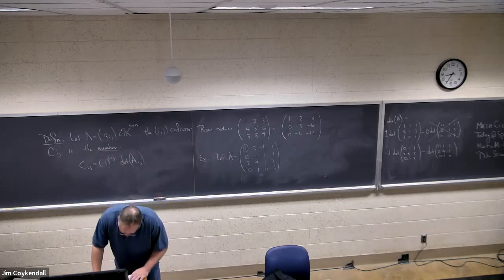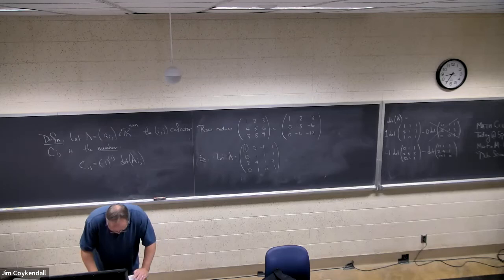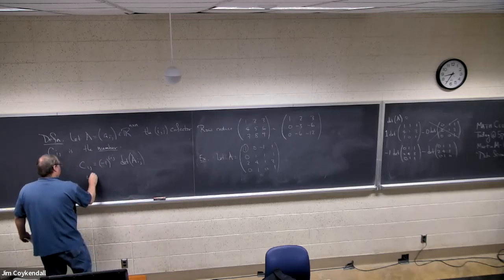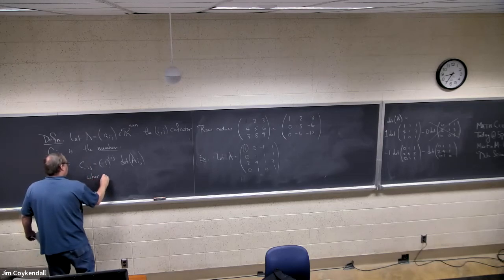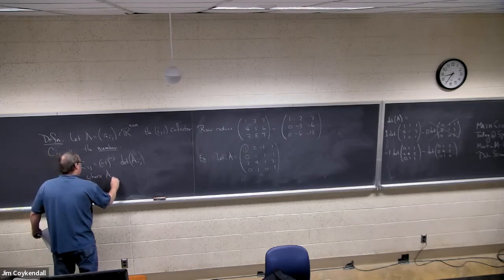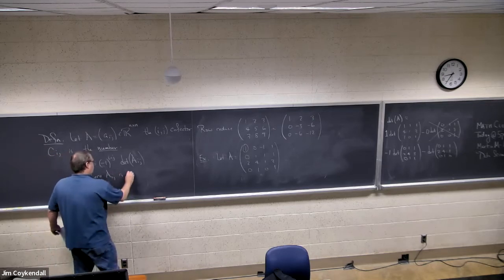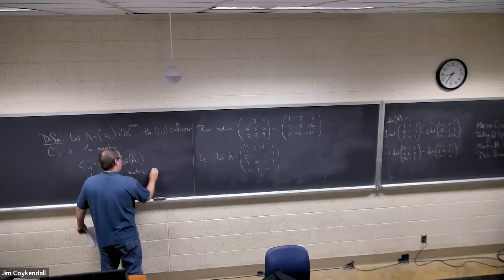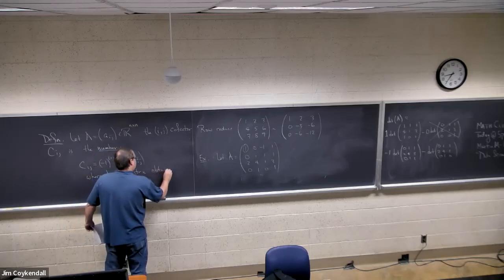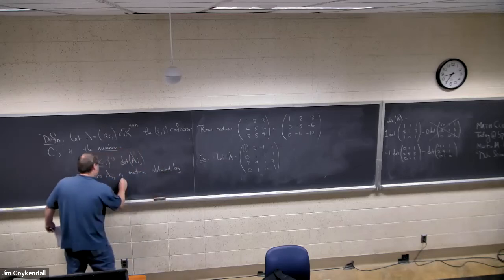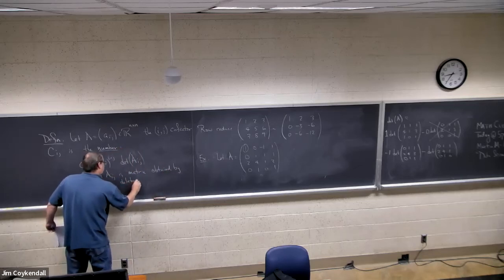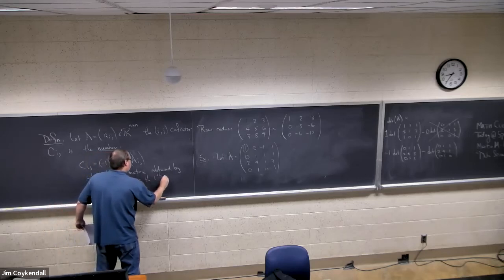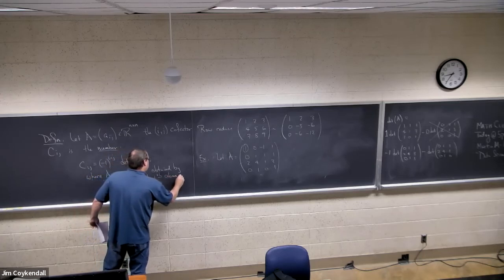And again, I'm going to tell you what Aij is, but it's what you would expect. Aij is the matrix obtained by deleting the ith row and jth column.